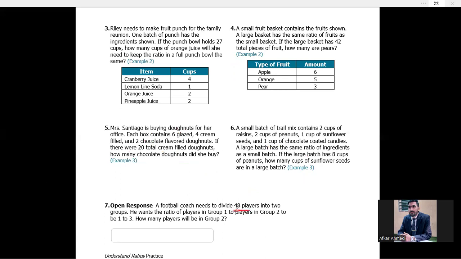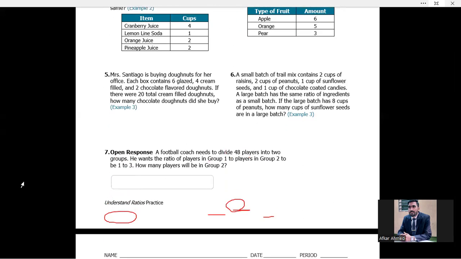We have 48 players. We want to divide them into different groups, group 1 and group 2. But one thing is given: the ratio of group 1 to group 2 is given. It is mentioned that if you have group 1 and group 2, we have been given the ratio.